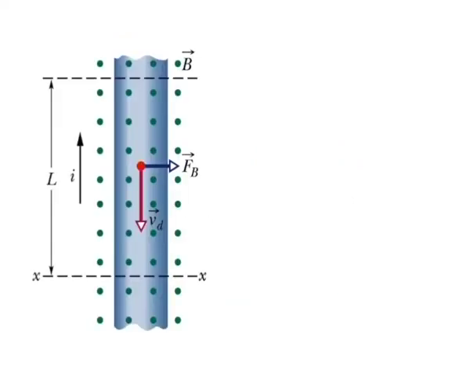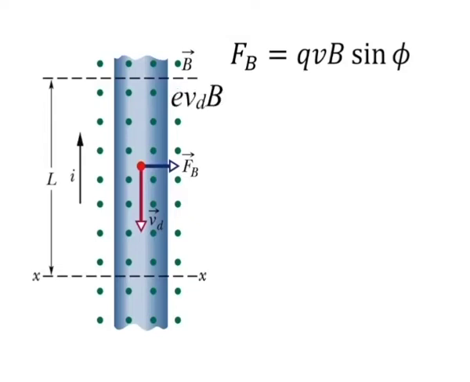And this figure shows what happens inside the wire of previous figure B. We see one of the conduction electrons drifting downward with an assumed drift speed vd. The equation F_B = qvB sin φ, in which we must put φ = 90 degrees, tells us that a magnetic force of magnitude e vd B must act on each such electron.